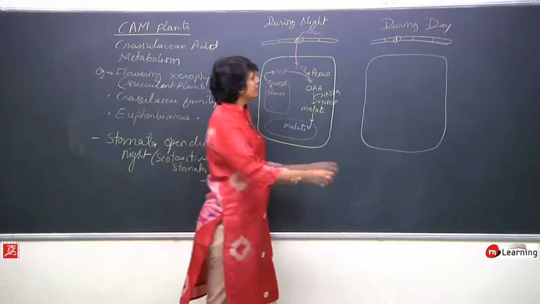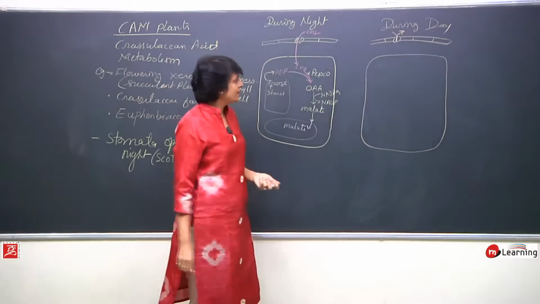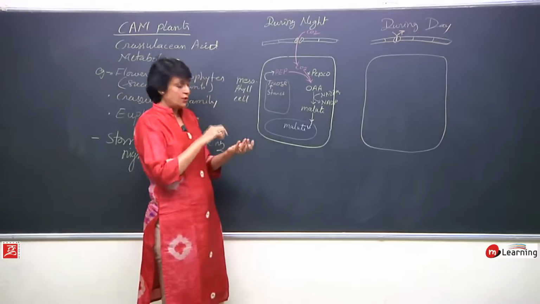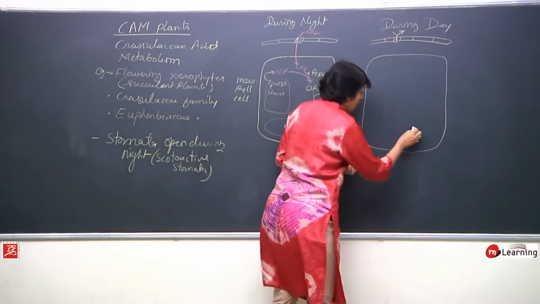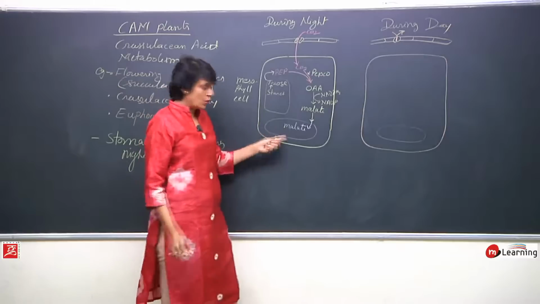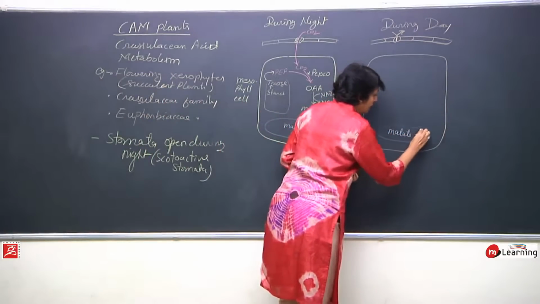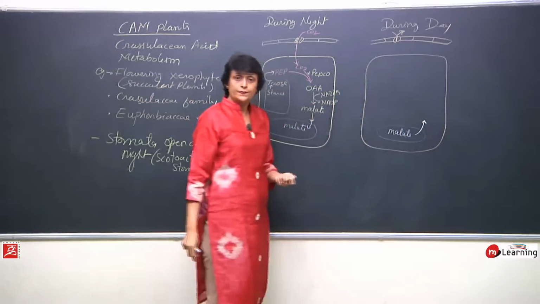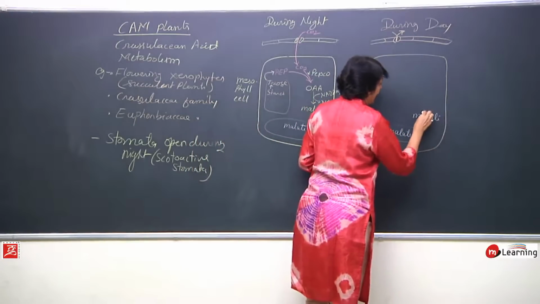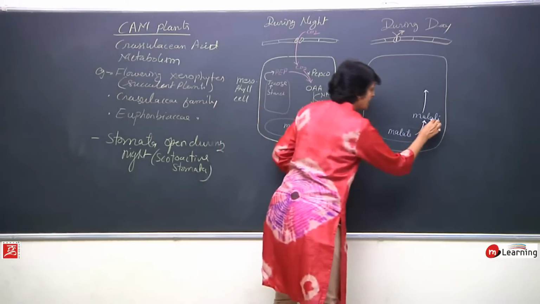During day, the stomata are closed, that means there is no exchange of gases. Exactly reverse situation takes place during daytime. That means from these vacuoles where this malate was stored, this malate will diffuse out, and malate is a 4 carbon compound.